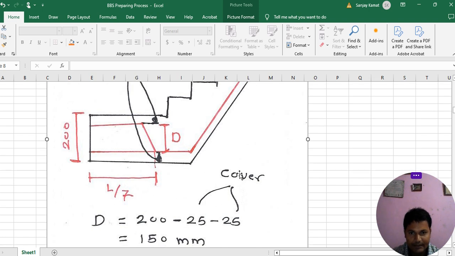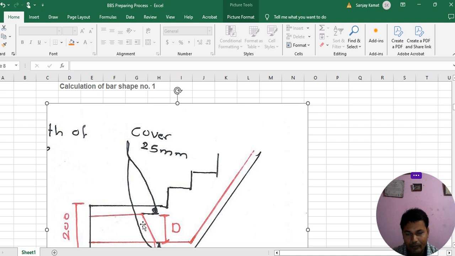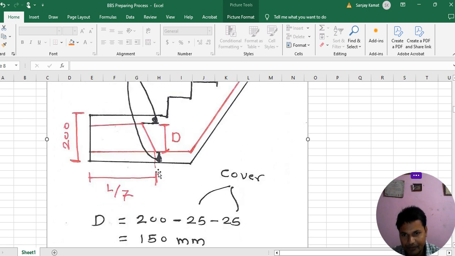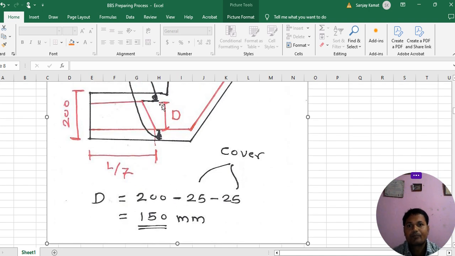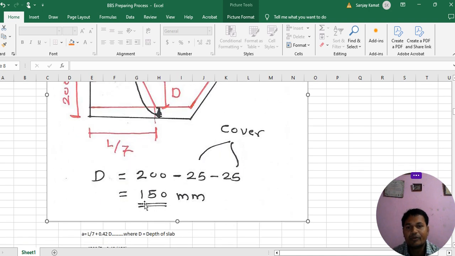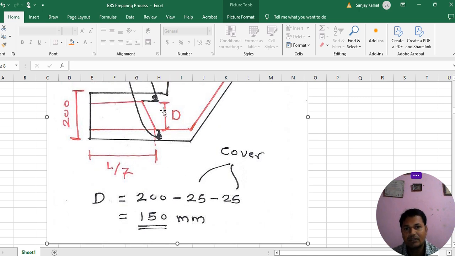And this is your cover, from here to here, and from here to here. So this gap, this dimension, how much is it? To calculate this d dimension, if we minus 25 from 200, then how much will it come? It will come 150 mm. So we have calculated this d dimension and this gap.